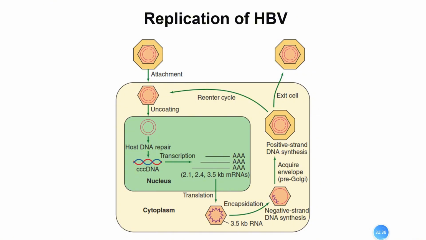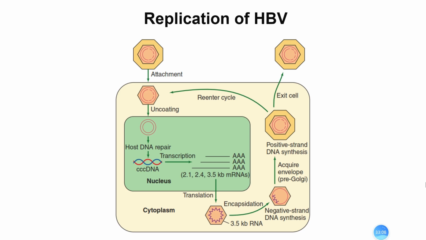What happened? While it packed the 3.5 kb messenger RNA, it also packed the polymerase. The polymerase, we mentioned, has a reverse transcriptase activity. So the polymerase would use the RNA as a template to make a negative sense strand DNA. So this is reverse transcription to make DNA.